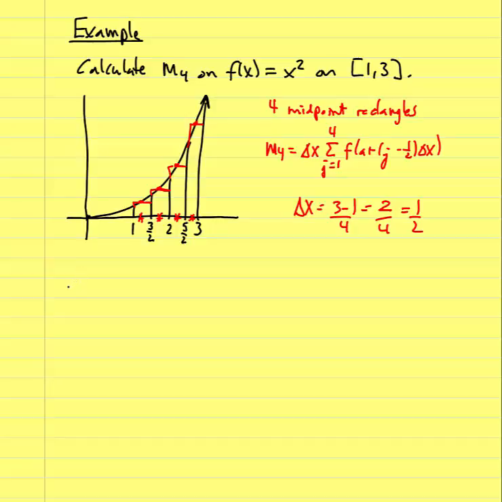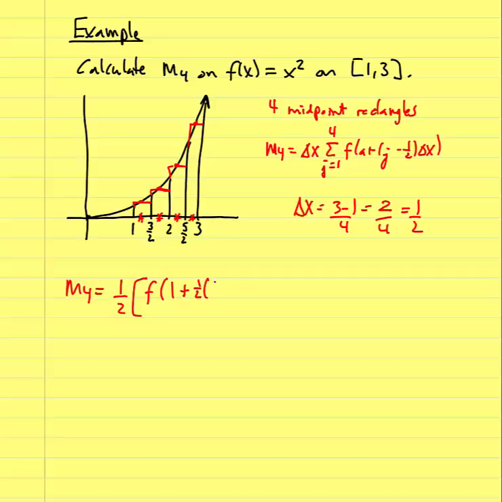Okay, so M4 has that delta x out front, which is 1/2. For my first one, my value of a is going to be 1, because I'm starting at 1, plus j is 1 for my first index. 1 minus 1/2 is 1/2.